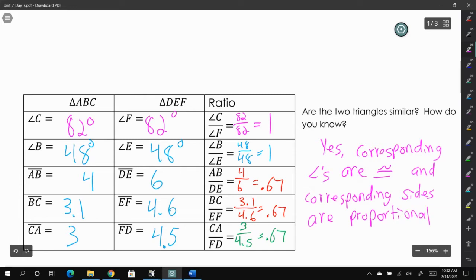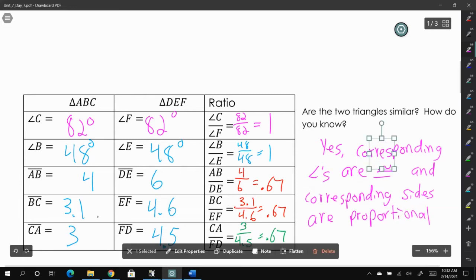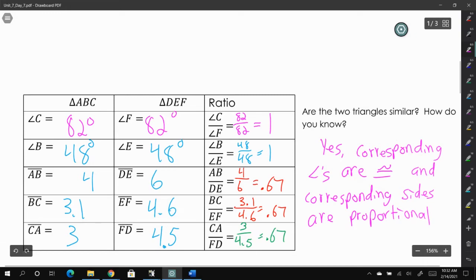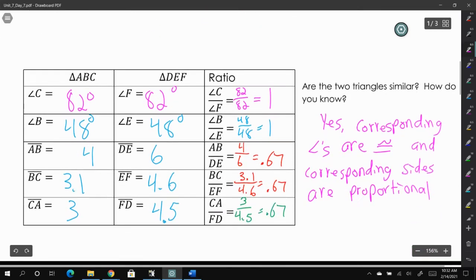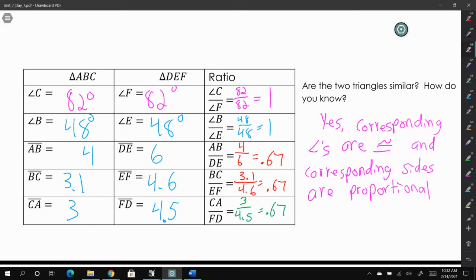All this information was derived just from being given two sides that were proportional and a congruent angle. So you can think about it as side, angle, side; side, angle, side. Based on just those three pieces of information, we know that these two triangles are similar.